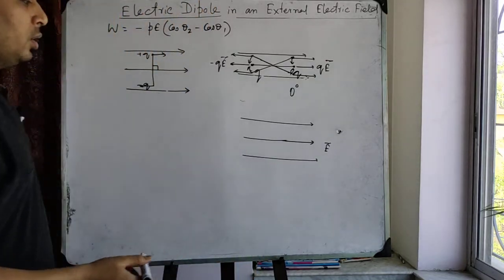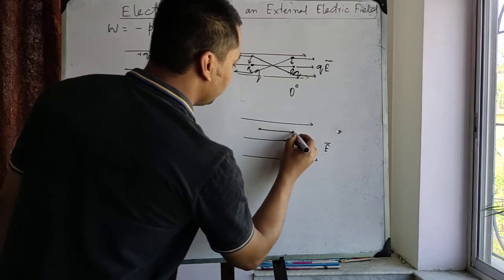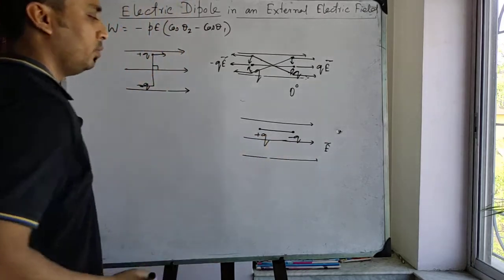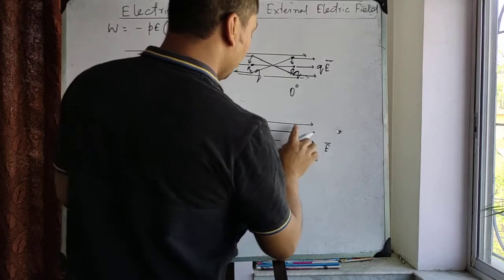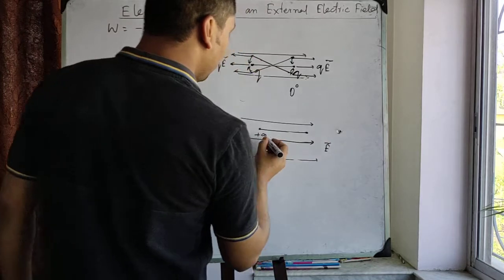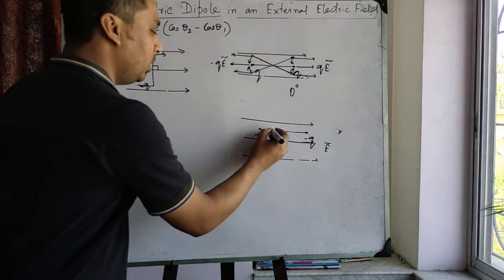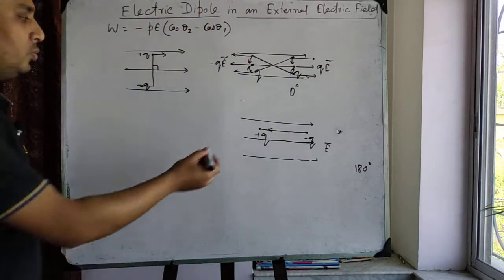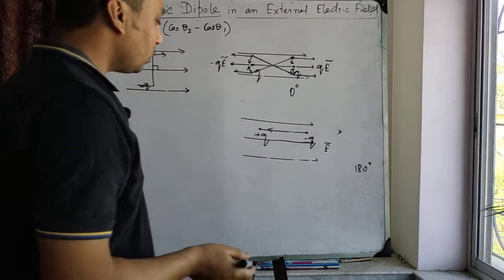Now the dipole is placed in such a way that the minus q charge is here and the plus q charge is here. So the dipole moment is at 180 degree with the field direction. This is the direction of the electric field and this is the direction of the dipole moment. Is it clear?